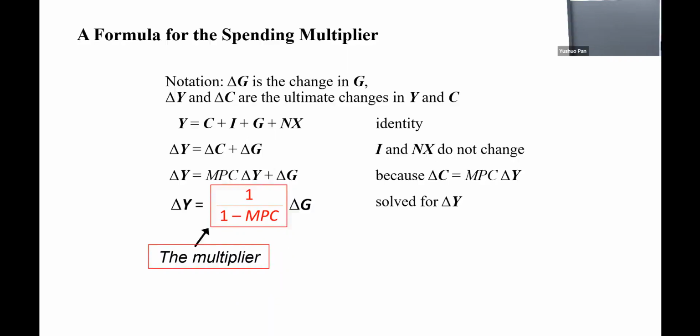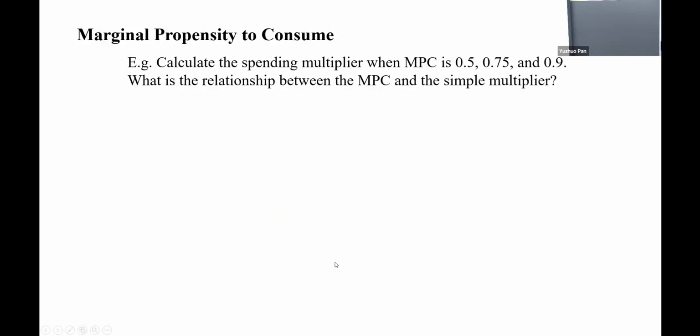The multiplier equals 1 divided by 1 minus MPC. So calculate the spending multiplier when MPC equals 0.5, 0.75, and 0.9. The multiplier equals 1 divided by 1 minus MPC.